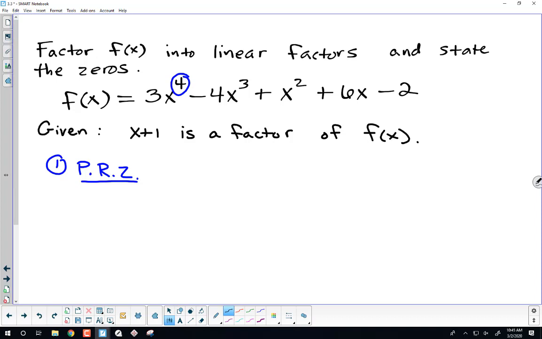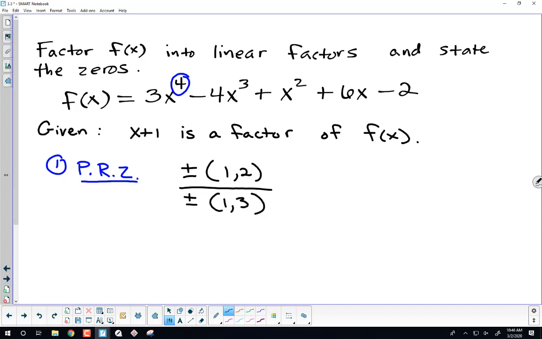Okay. So the possibilities are the factors of our constant, which is 2. Remember our constant's really -2, but we already take into account the positive and the negative. So we're looking for the positive and negative factors of 2 divided by the factors of the leading coefficient, which is 3.